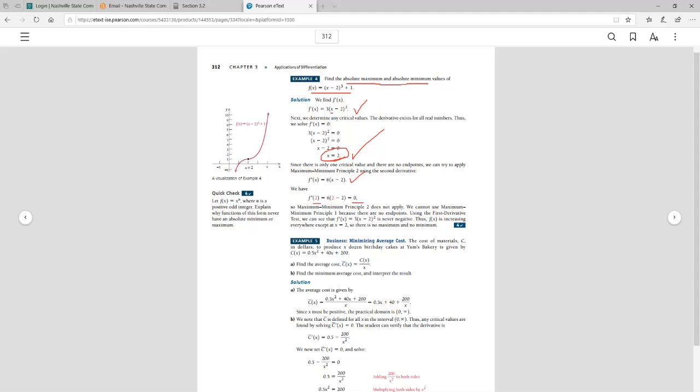So what does that mean? It means that we cannot use maximum, minimum principle 1 because there are no endpoints. We said that earlier. Using the first derivative test, we can see that the first derivative is never negative. Thus, y is increasing everywhere except at x is equal to 2.